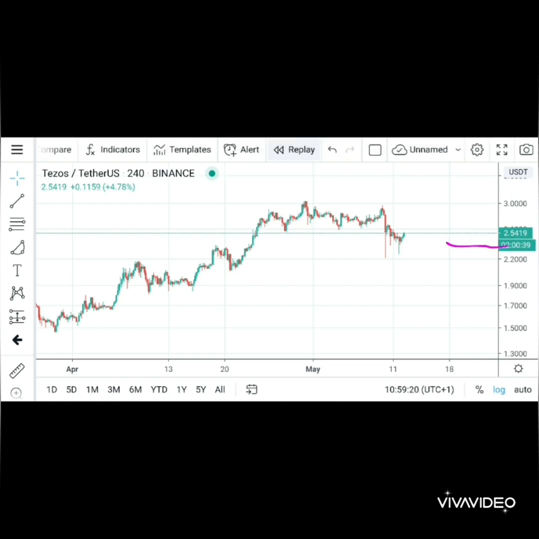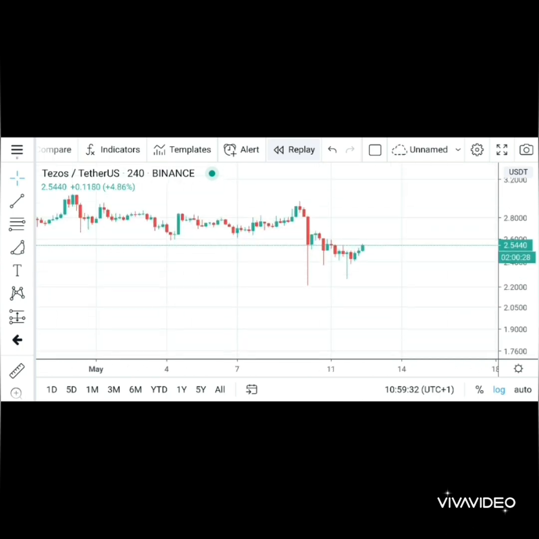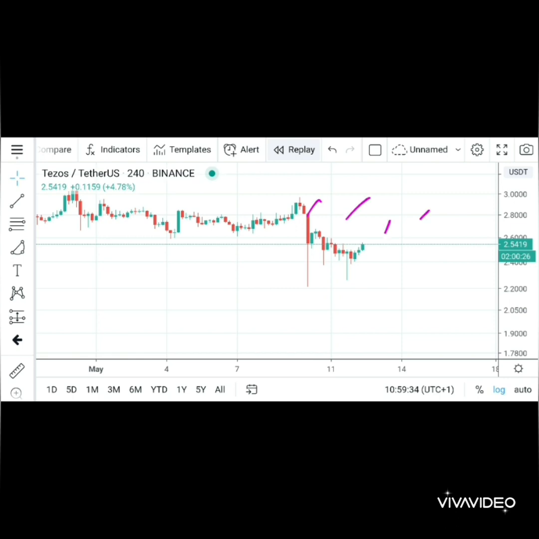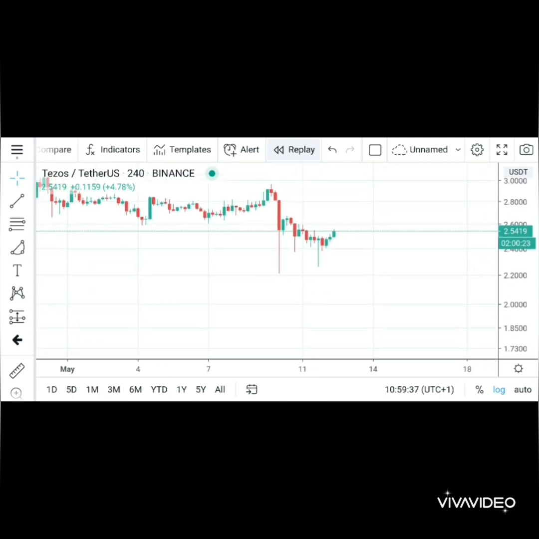That's the time until another candle is going to appear. Each of these candles you are seeing, red or green, is a 4-hour candle. So this countdown timer tells you when the next 4-hour candle is going to appear. You can see in the next 2 hours, around 1 p.m., another 4-hour candle is going to appear.